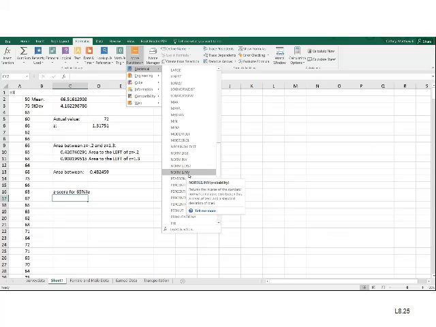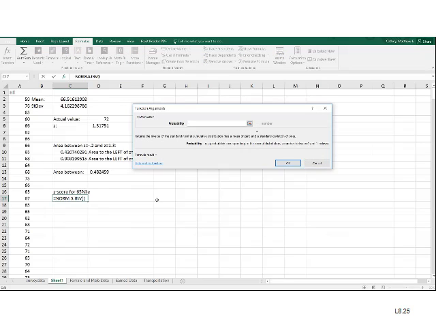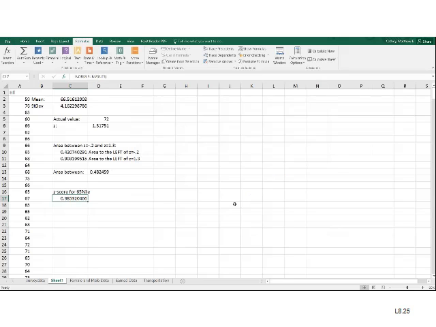We'll use inverse norm. I'll use the S since this is a z-score we're looking for. And here I enter the probability. Here it says probability, but what it really means is proportion, and that's 0.65. And we see that a z-score of 0.385 corresponds to the 65th percentile.